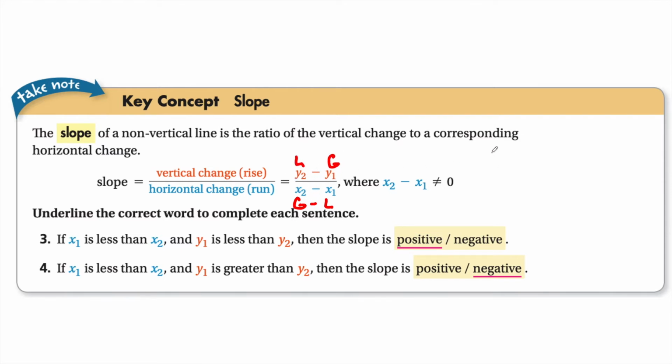That's like us saying we have 2 minus 3 over 3 minus 2. Well, the top number is going to give us a negative, which is -1, because 2 minus 3 is -1. And then 3 minus 2 is going to be a positive 1. And what happens when you divide a negative by a positive? You get a negative number, and therefore the slope will be negative.